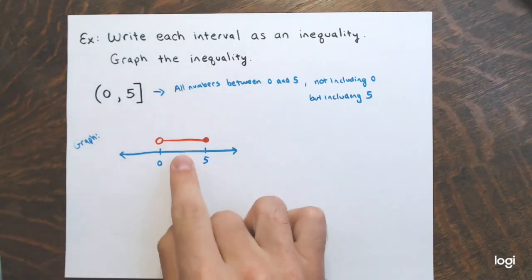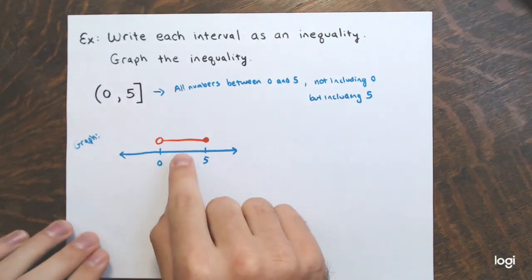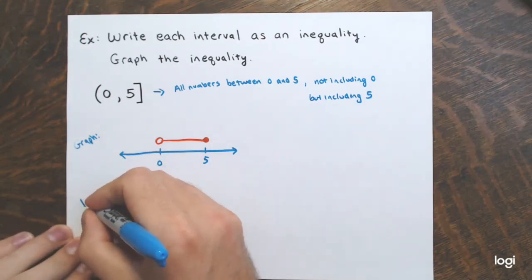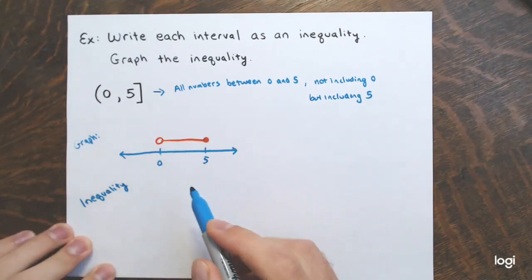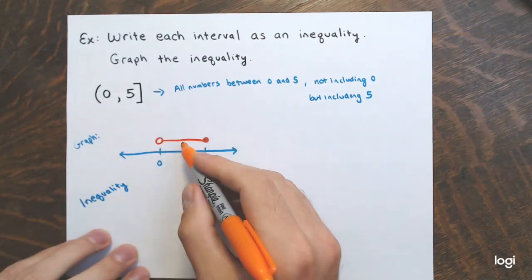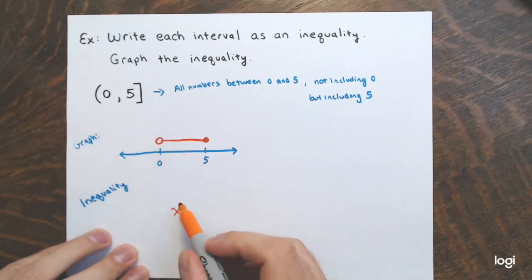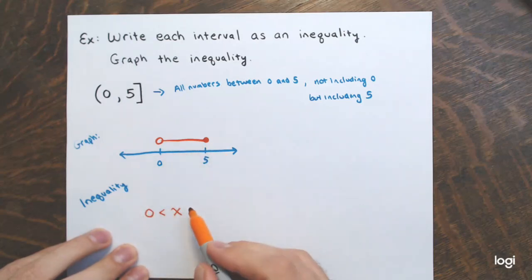And this looks exactly like some of my previous examples where I had a compound inequality where the value of the variable was between two numbers, right? So when I write this as an inequality, it looks like I'm going to be writing a compound inequality. You see my value of x can be any one of these, right? It looks like it's a number greater than 0, but at the same time less than 5, right?